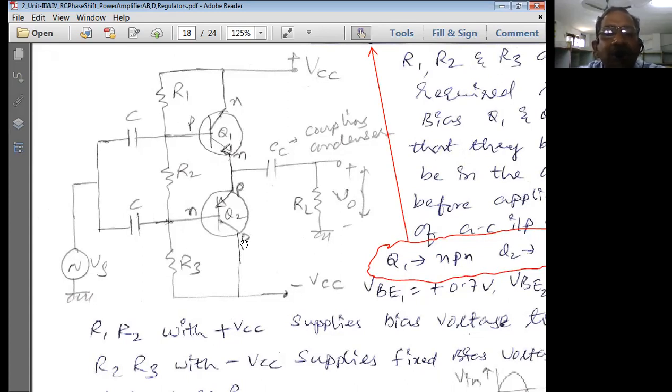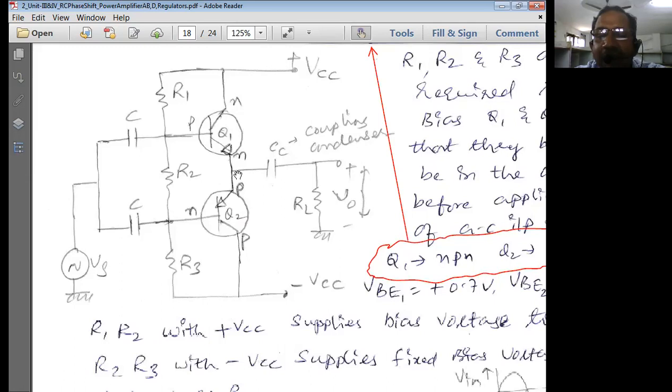Similar to that, the PNP is also going to get forward biased by the resistors R2 and R3 and minus VCC. Because of that, Q2 turns into the on condition. That means initially both the transistors once again are in the on condition. That means it is going to be called a complementary type of push-pull class AB power amplifier.